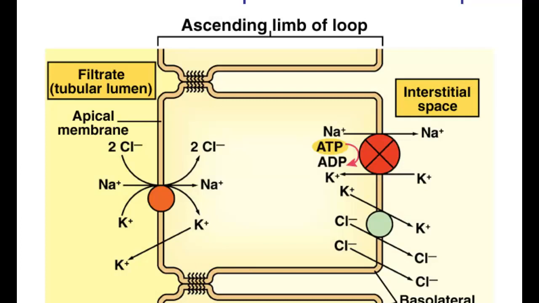But you note that that one is passive, so that's only going to be happening when you have a high amount of potassium in that ascending loop, and not as much in the interstitial space. The goal here is that these mechanisms all together are going to allow you to dump potassium into the filtrate in the lumen, and the only active part of this is that sodium-potassium transporter on the basolateral membrane.